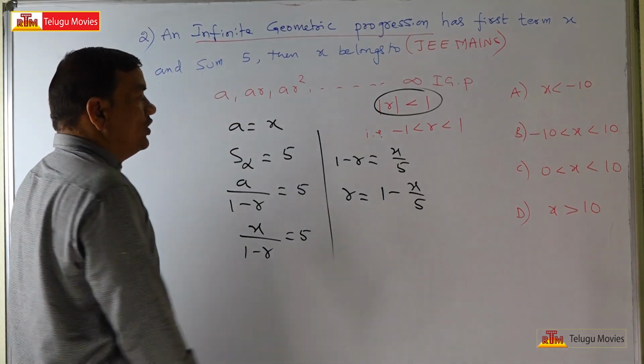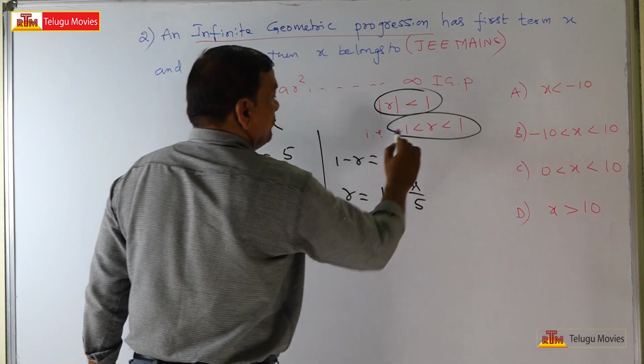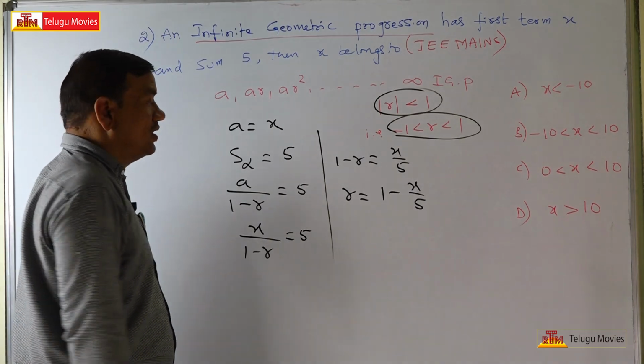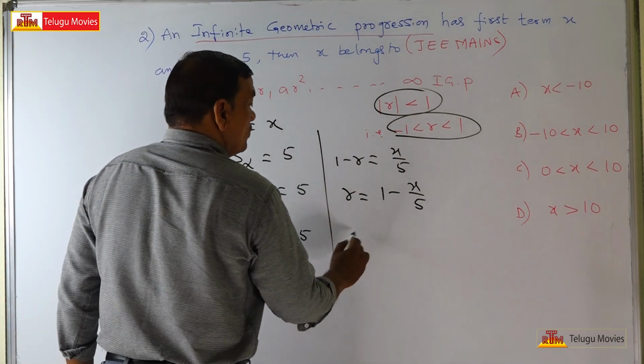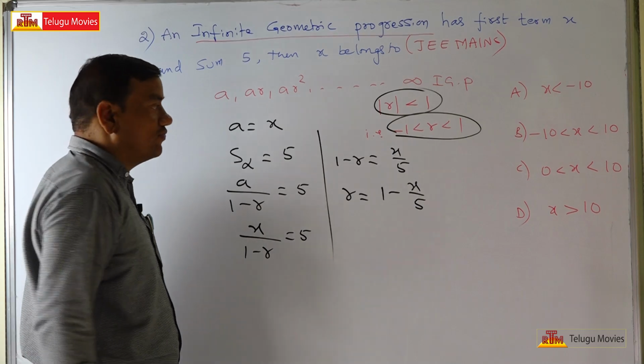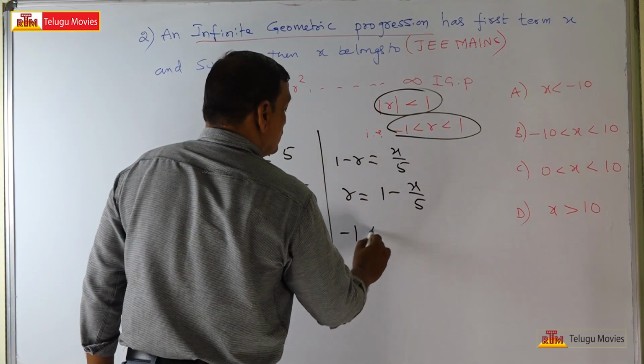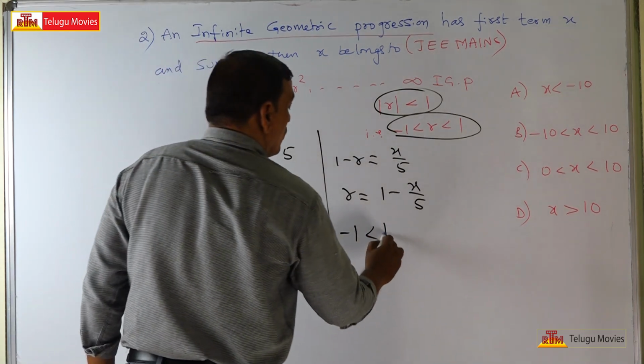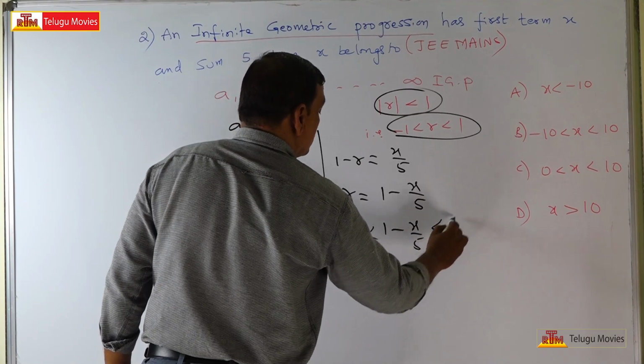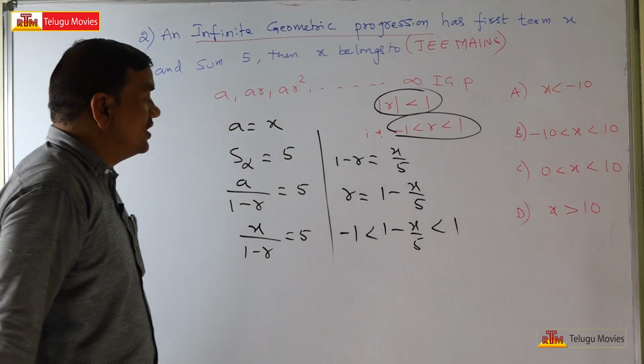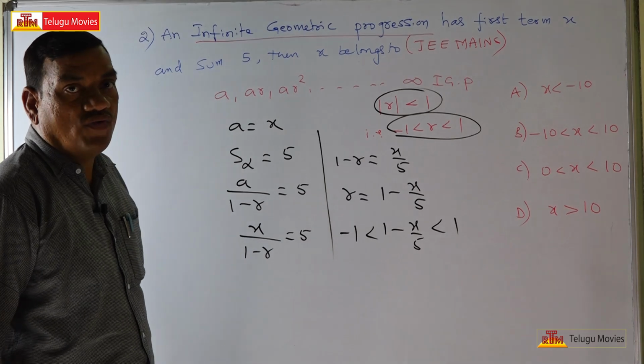Now, we know the condition is R lies between -1 and 1. Therefore, R is 1 minus x upon 5, so -1 less than 1 minus x by 5 less than 1. From this, try to find the value of x.